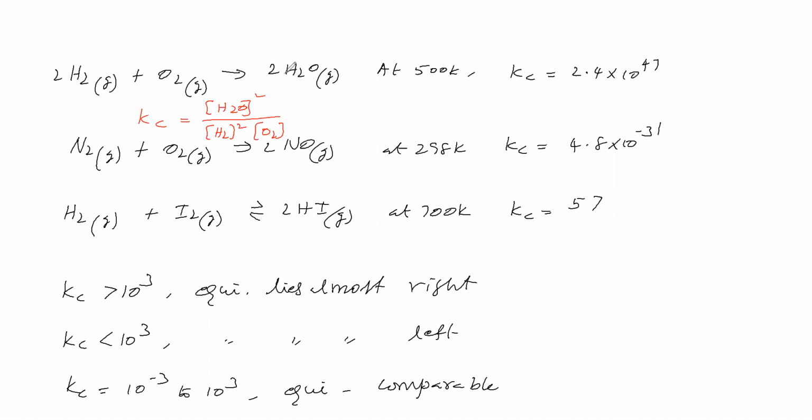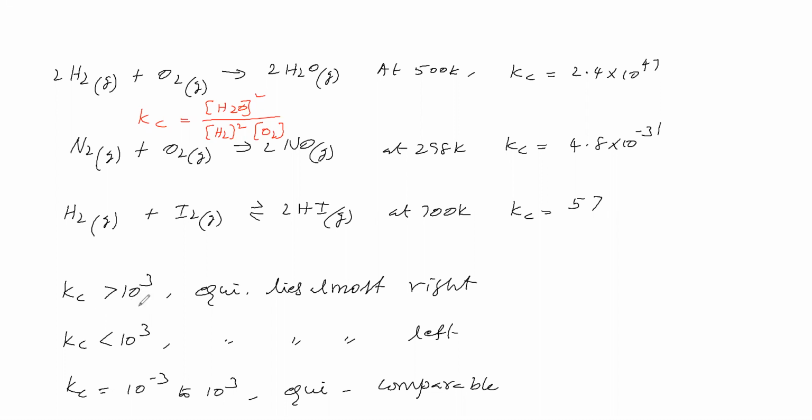Right side is predominant, in the sense that equilibrium lies on the right side. Therefore, when the equilibrium constant is greater than 10 power 3, we say equilibrium lies almost right. Equilibrium lies almost right in the sense that right side concentration is predominant, left side concentration is negligible. That is the meaning. So here we got a conclusion.